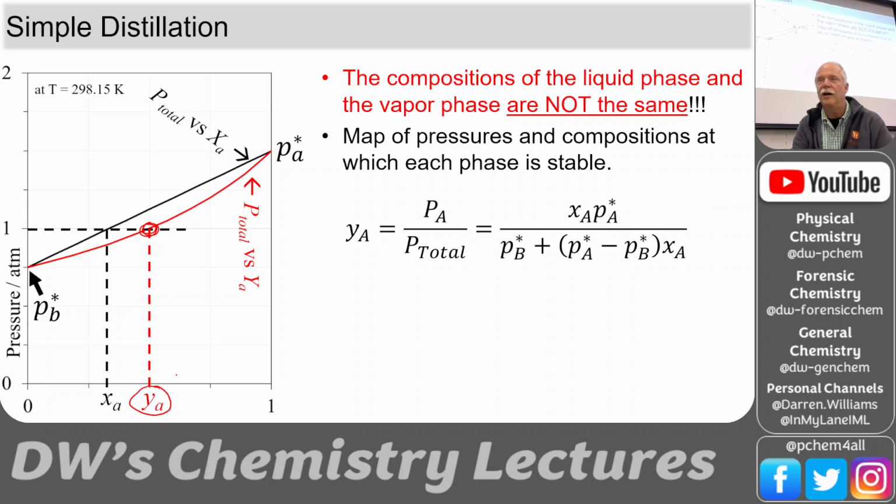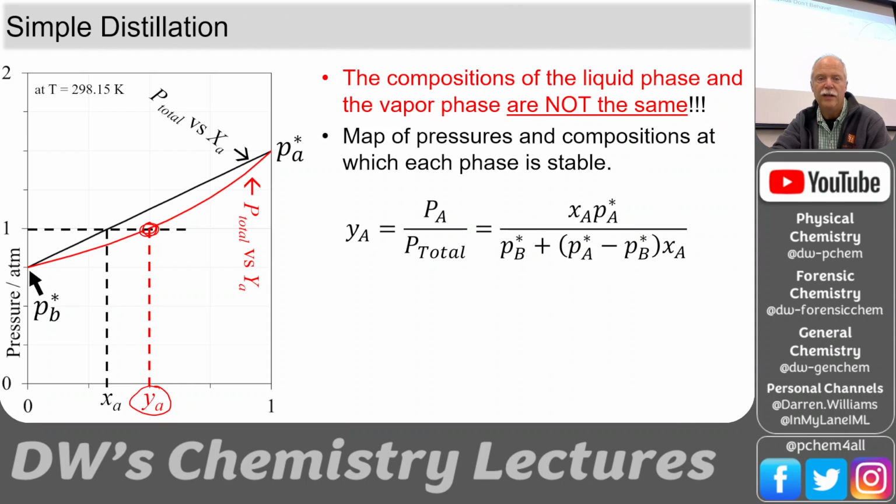It would be the YA value. We've recondensed it and now it's a liquid. Okay. So this is the basis for distillation. And of course, you remember from organic, the further apart the boiling points, the easier it was to separate the liquids. Here we're saying the further apart the vapor pressures, the easier it is to separate the liquids.